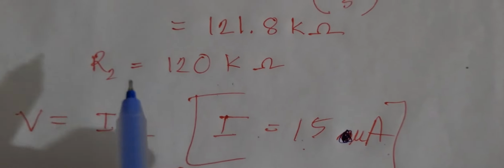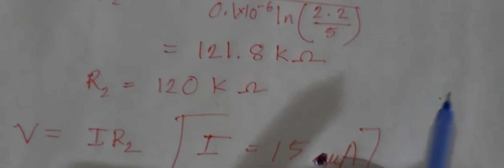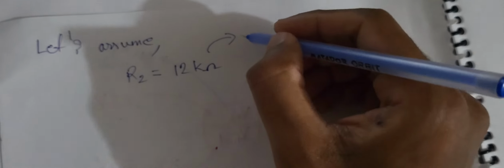As we got R2 equal 120 kilo ohm, let's assume R2 equal 12 kilo ohm actually, because in the previous part we got R2 equal 120 kilo ohm, so we took a smaller value, 12 kilo ohm, and C1 equal to 1 microfarad.